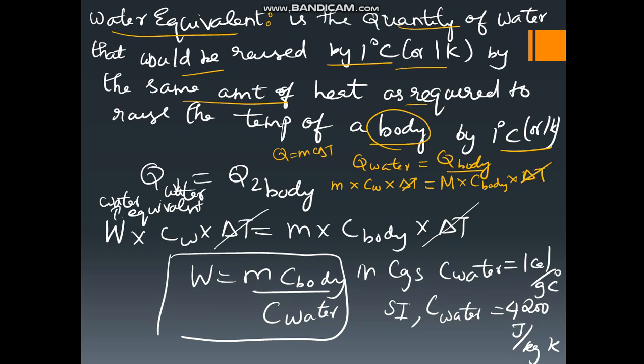So this delta T and this delta T cancel. Let the mass of water be capital W for water equivalent. So W is equal to m into specific heat capacity of body divided by specific heat capacity of water. In CGS, specific heat capacity of water is 1 cal per gram Celsius. In SI units, specific heat capacity of water is 4200 joule per kg Kelvin.